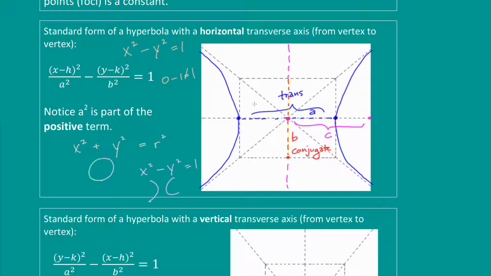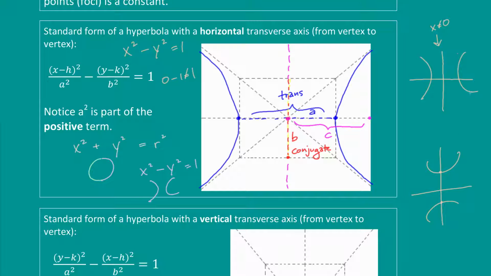So if I had to compare which ones I was going to use, if I had the horizontal transverse axis opening left and right versus the vertical transverse axis, x cannot equal 0 here. X is 0 here. X is certainly 0 there.